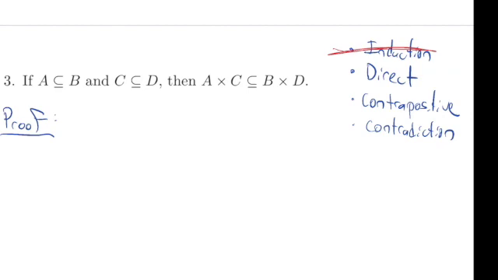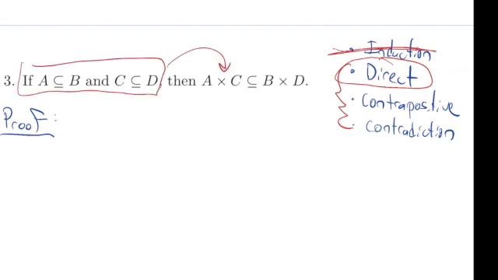Those are the types of problems when induction comes in handy. And we don't have any statement like prove this is true for certain values of n. So we're going to have to use one of these other techniques. Probably the most straightforward way of thinking about it is to do a direct proof. That might be my first thought: how can I do this directly? And if that doesn't work out, then I'll try some of these other methods. So let's do this by direct proof. That means we're going to assume that this is true and then try to show that it is true.